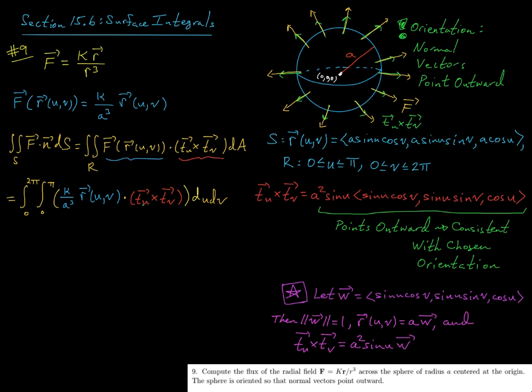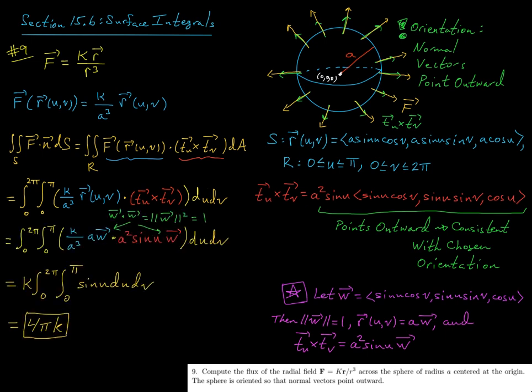Now to take this dot product, incorporating this vector w simplifies things quite a bit. I get k over a cubed times r, which is just a w, dotted with the normal vector tu cross tv, which is a squared sine u w. Here I get w dotted with itself, which is the square of the magnitude of w, but since w lives on the unit sphere, that magnitude squared is equal to 1.